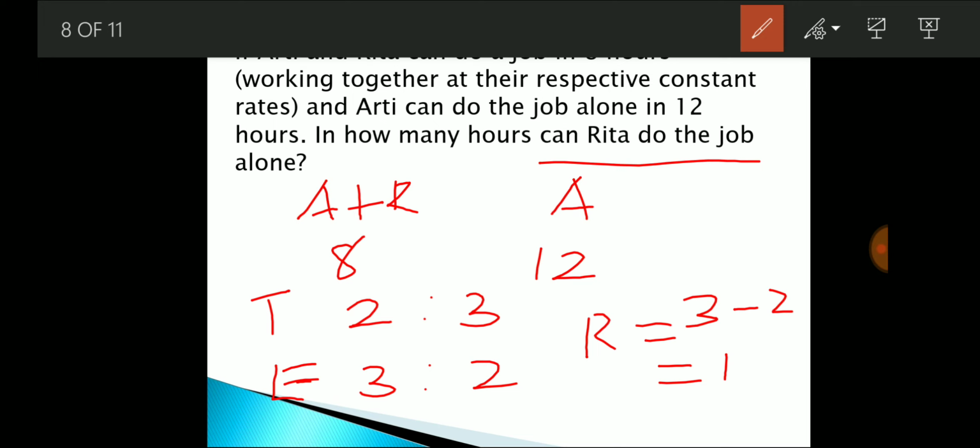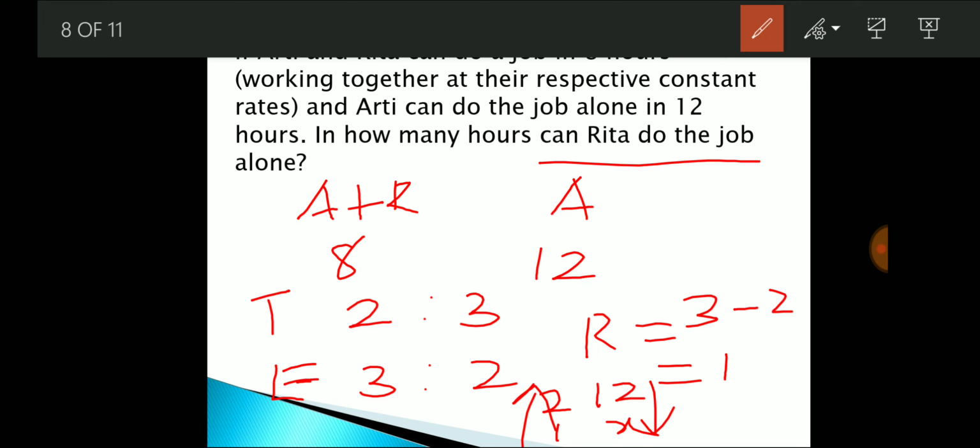We know with 2 as the efficiency, it takes 12 hours for Arti. Then with 1 as the efficiency, it will take twice the time, because she's only half as efficient as Arti. If one person is only half efficient, that means the person should take double the time.